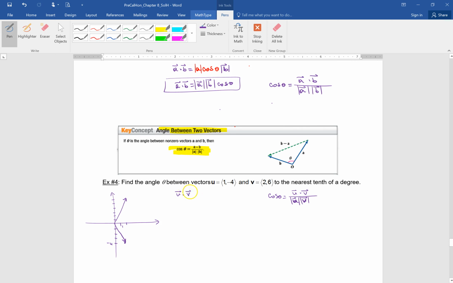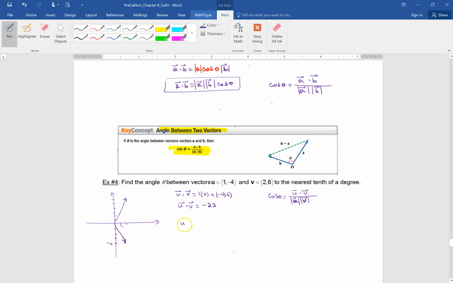So u dot v is equal to 1 times 2 plus -4 times 6. How much is that? -22, right?